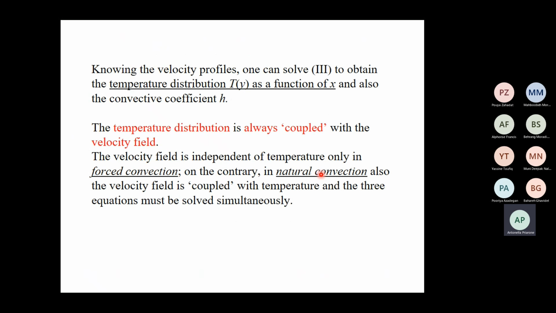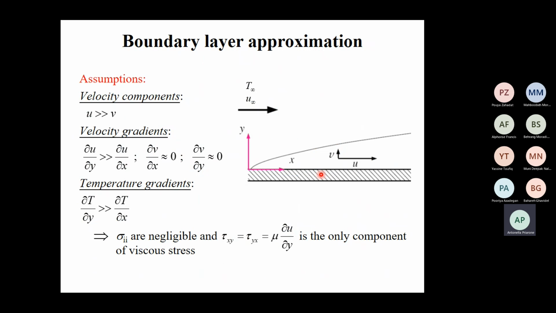Why do I present to you this boundary layer approximation? The boundary layer approximation says to us that the gradients of velocity are not all equal, but the main one, the relevant one, is only du/dy. So if I assume as true the boundary layer approximation, the only gradient that I have to keep is this one.